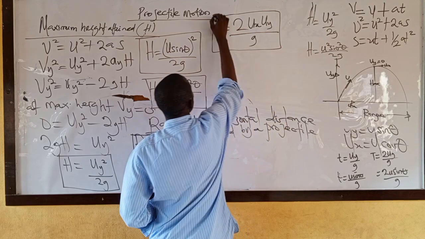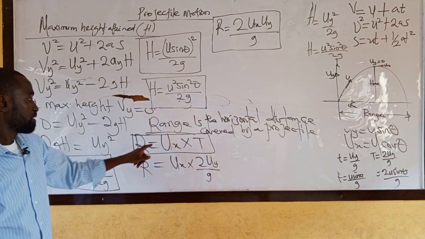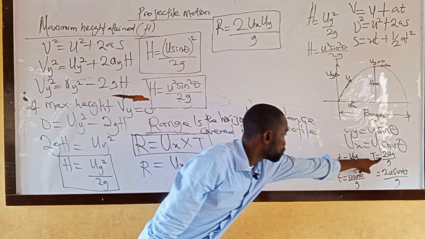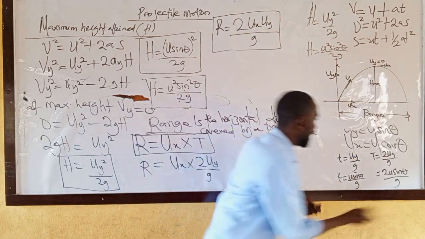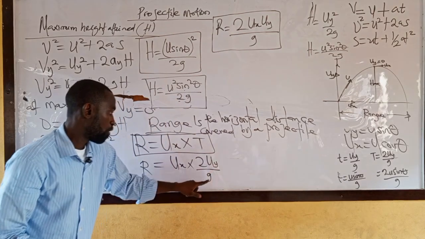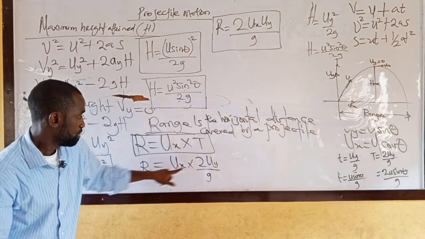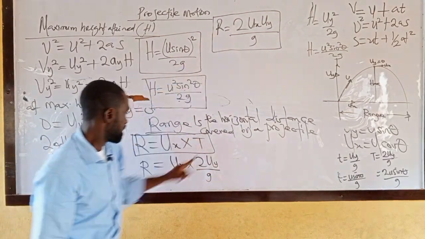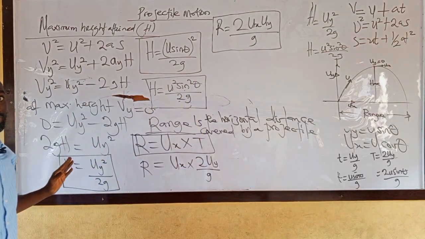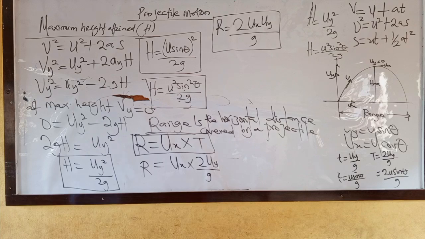So here I have this formula for range. T is 2u_y all over g, so the 2 and the u_y can come together, and I have u_x u_y. Are you with me? Is it clear? This is the formula for range.